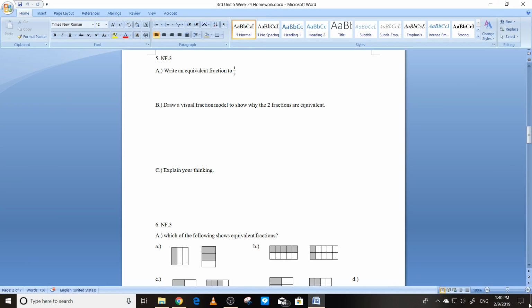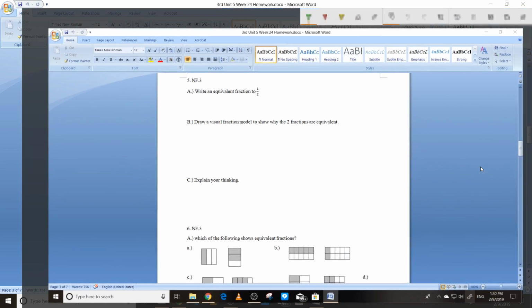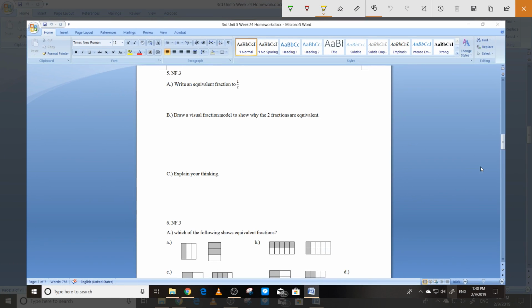Let's take a look at number 5. All right. Number 5 says, write an equivalent fraction to 1/2. Okay, so 1/2 is 1 over 2. The easiest way to solve an equivalent fraction question is just to multiply the top by 2 and the bottom by 2.